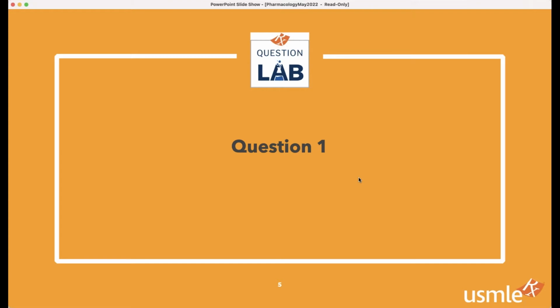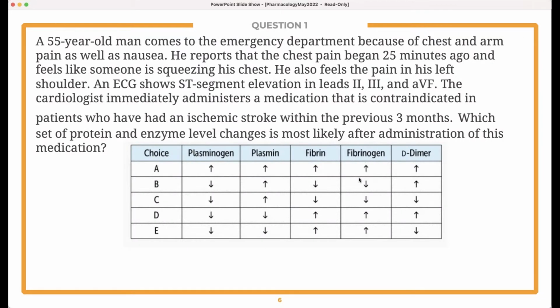Now, when I reveal the question, you're going to see something that's a little different than we typically do, but it's only because it's this kind of question. Our approach to answering board style questions is we like to start by covering up the answer choices.